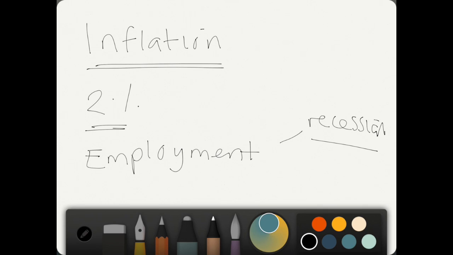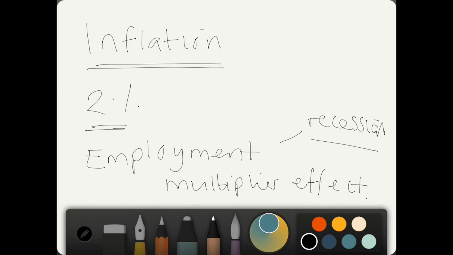So if there's less money to spend, that means sales will fall, which means more businesses will be forced to close, more people will be made redundant, more people with less money to spend. And you will remember that that is called the multiplier effect. So just by one business closing down that might employ lots of people, it will in the end have a knock-on and a much bigger effect on the local community and the local economy.